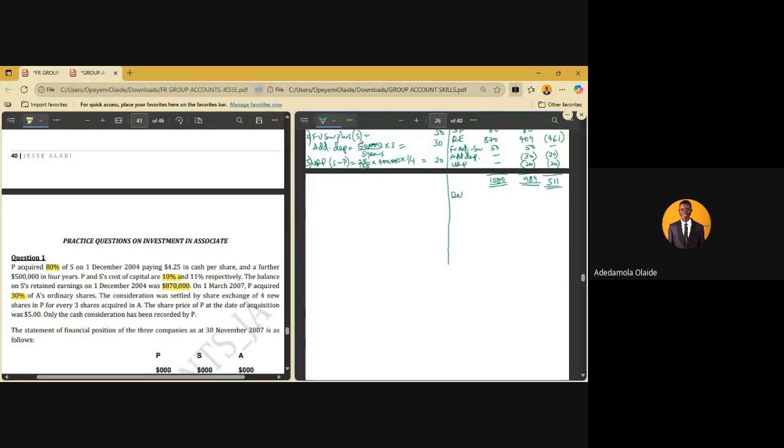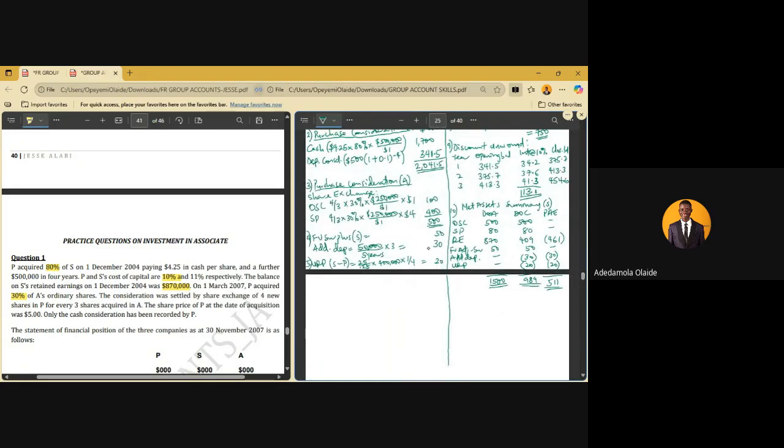So net asset summary of A. We will have date of acquisition, but we will not call it a date of consolidation, rather we'll call it reporting date because we are not consolidating associates.